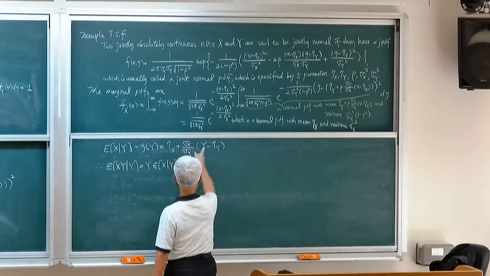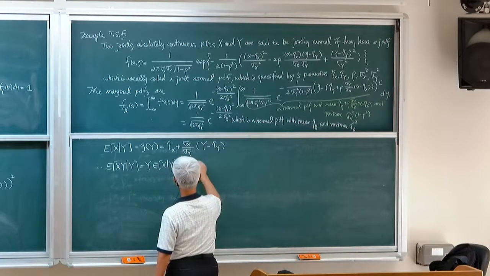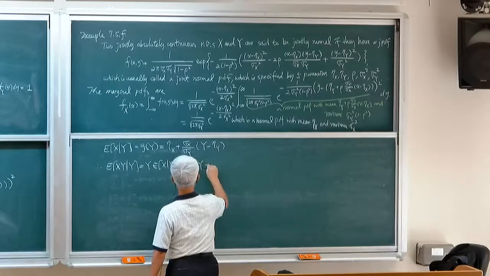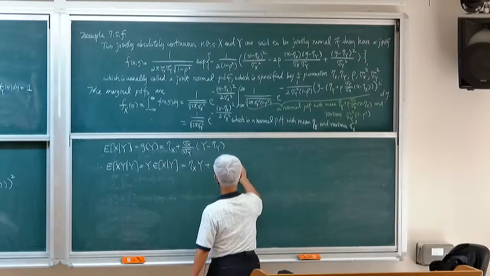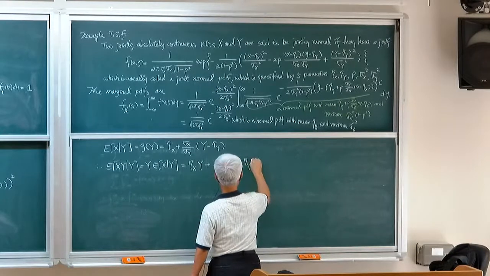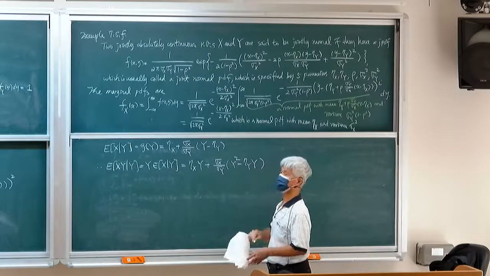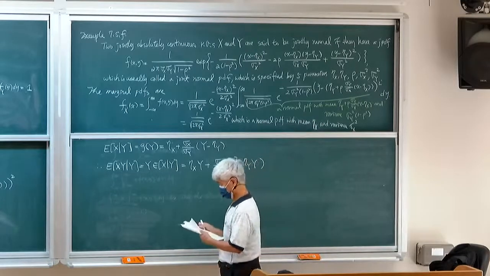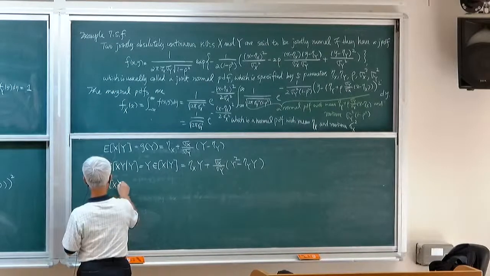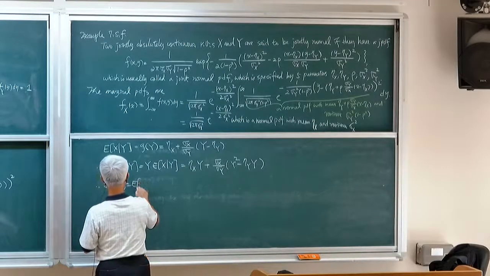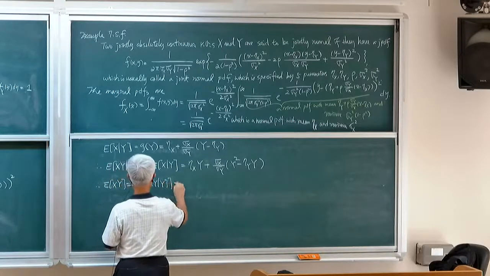And so we put it in here, we have eta x y plus rho sigma x over sigma y times (y squared minus eta y y) here. And then the expectation of xy is the expectation of the expectation of xy given y.